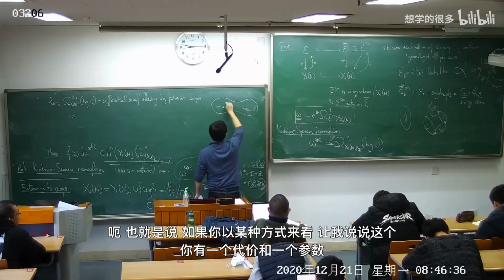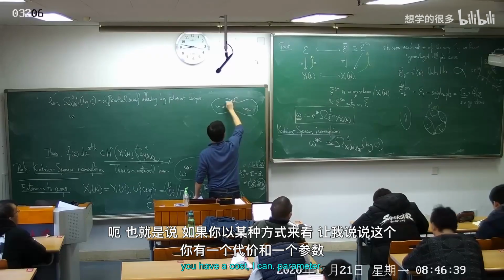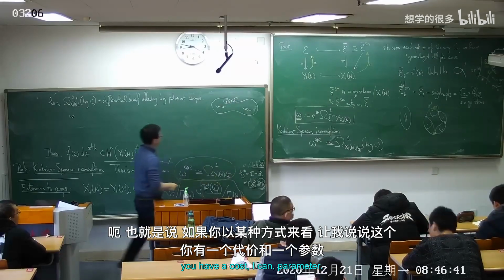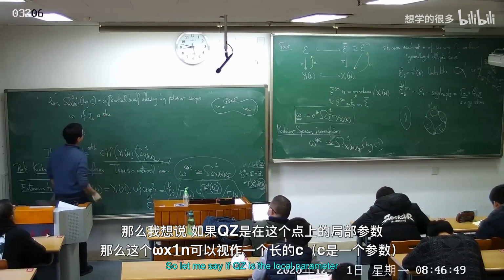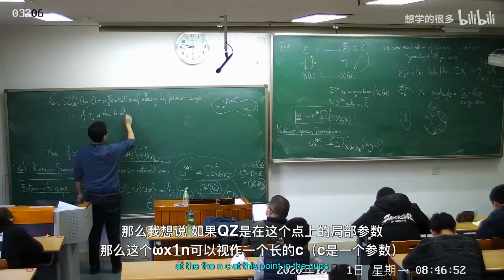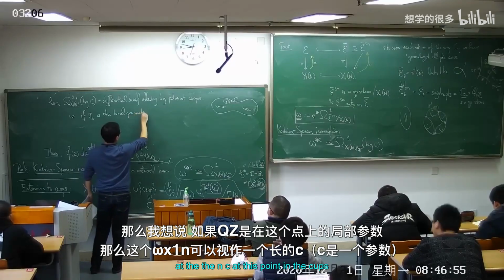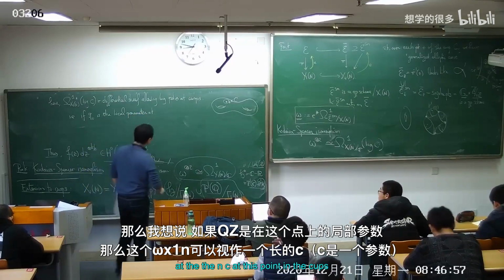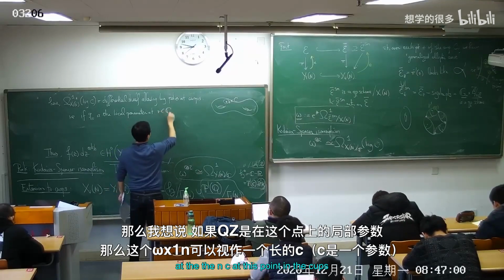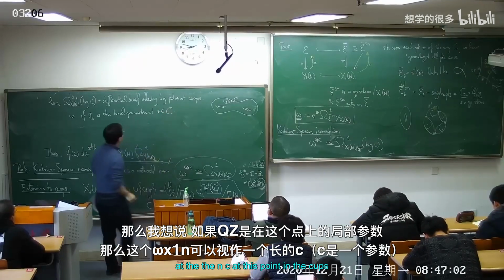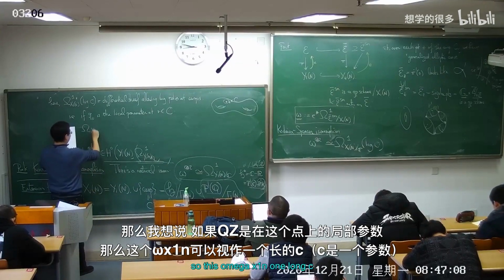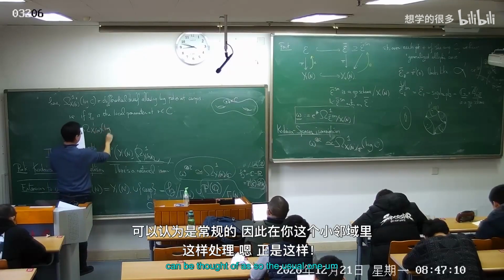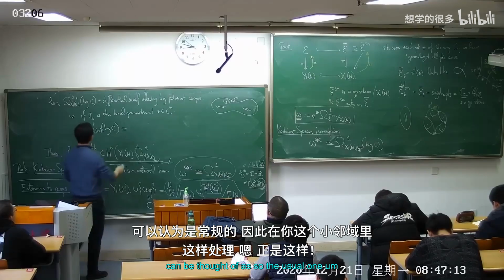You have a cusp, say C. Near this cusp, I can have a parameter. So let me say q is the local parameter at this point in the cusp. So this omega of X1(N) with log C can be thought of as sort of the usual one.